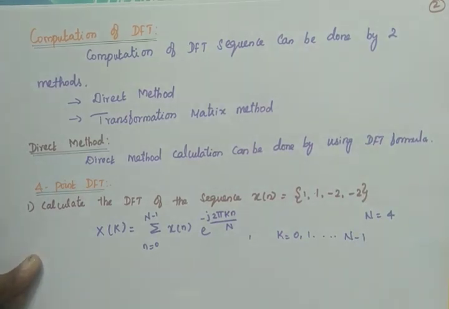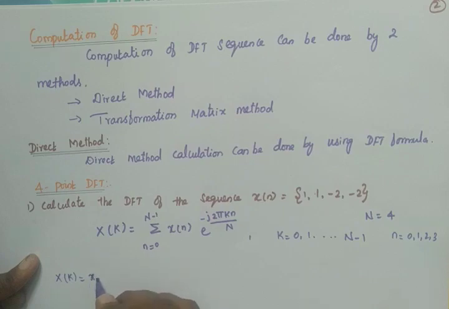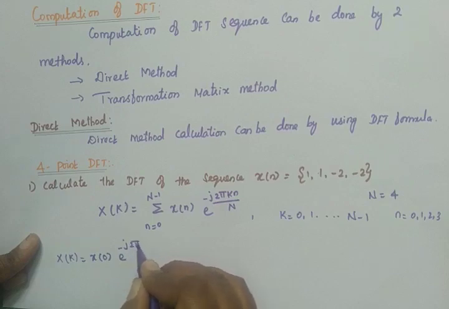Now write X of k is equal to, now substitute n is equal to 0, 1, 2, 3. So x of 0 into e power minus j 2 pi, we know n is equal to 0.